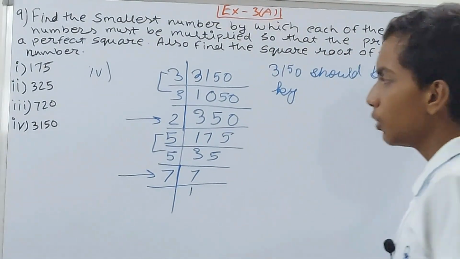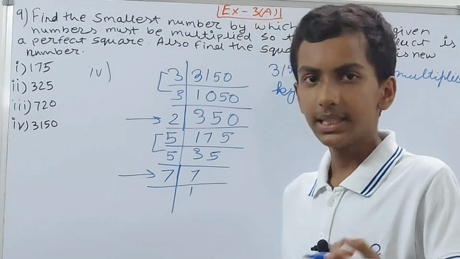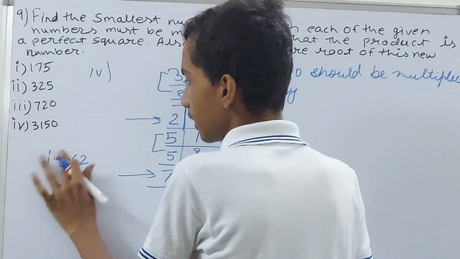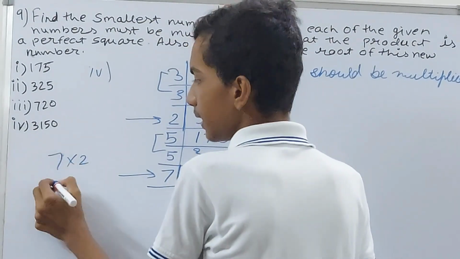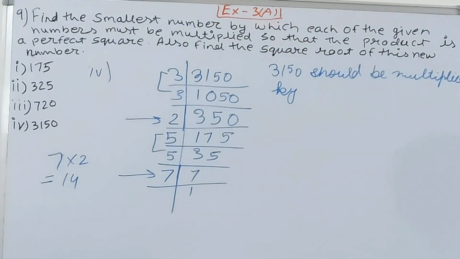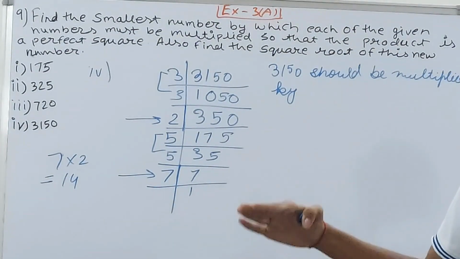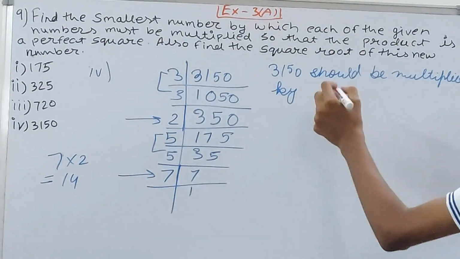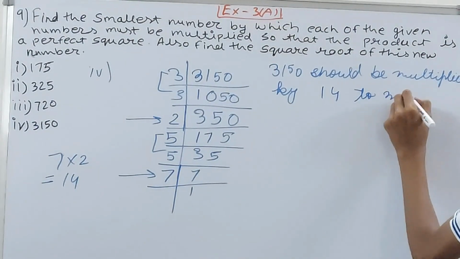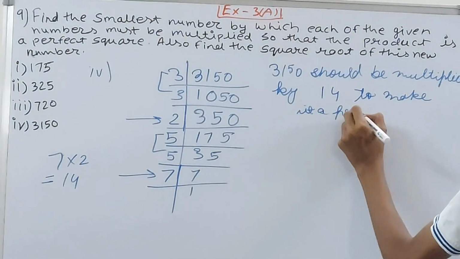So what we will do, in case two numbers are left, then you will multiply the two numbers, right? So that is 14, 7 into 2 14 multiplied. Next step is to just write that number down to make it a perfect square, right? That is what we have done here.